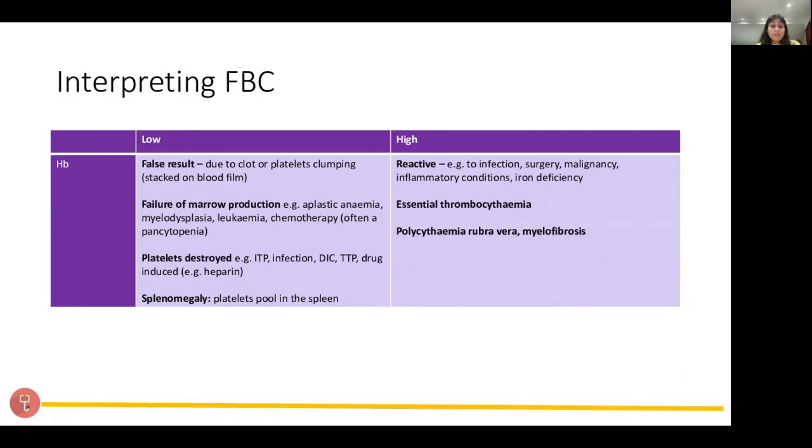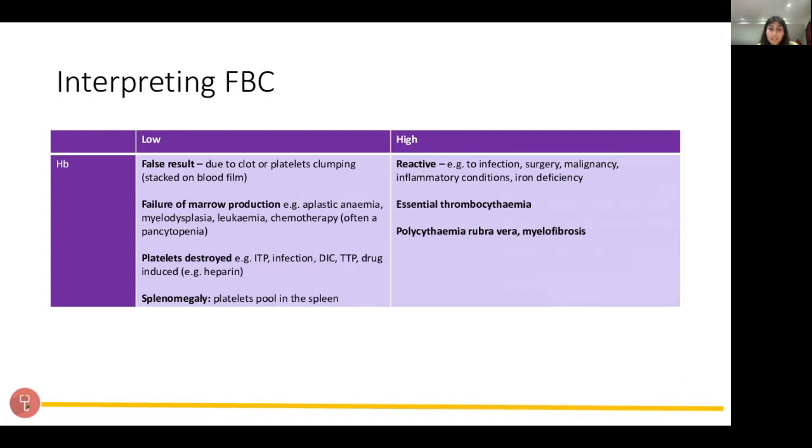So it can be due to immune causes like ITP, infections as well, DIC, drug reactions, drug-induced thrombocytopenia from things like heparin. And then the other reason is splenomegaly. So sometimes if you've got splenomegaly, all of your platelets might pool in the spleen and get destroyed. So that will cause a low platelet count as well.